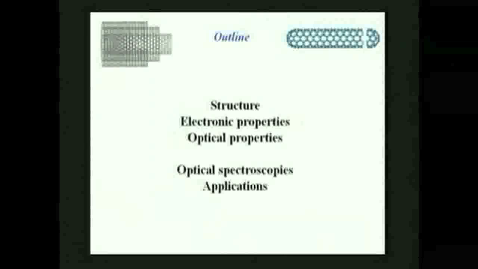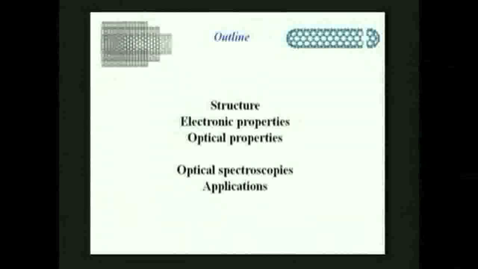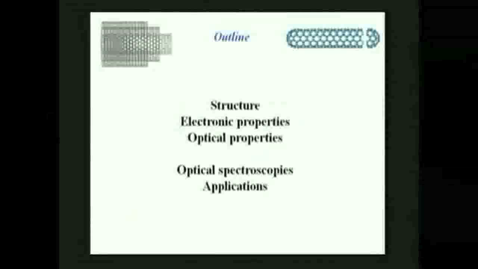These are especially absorption techniques, scattering techniques like Raman scattering, and photoluminescence. So you can use the properties of absorption, scattering, and emission of light from the nanotubes to study them. And we will see the different applications of these optical spectroscopies in terms of understanding the structural, electronic, optical, and thermal properties of nanotubes.